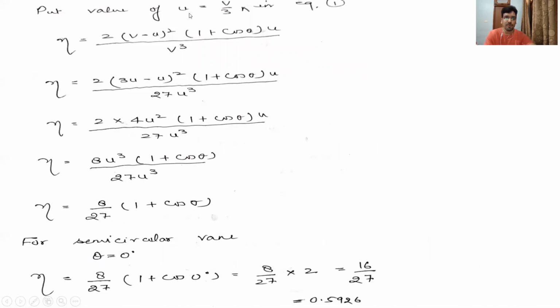So we will put u equals to v by 3 in the equation of efficiency. So by putting it, we will get efficiency equals to 8 by 27 into 1 plus cos theta. And if the vane is semicircular, then the value of theta, I have already told you, theta equals to 0.